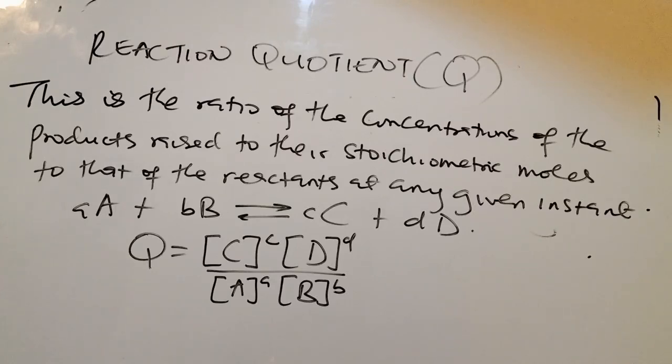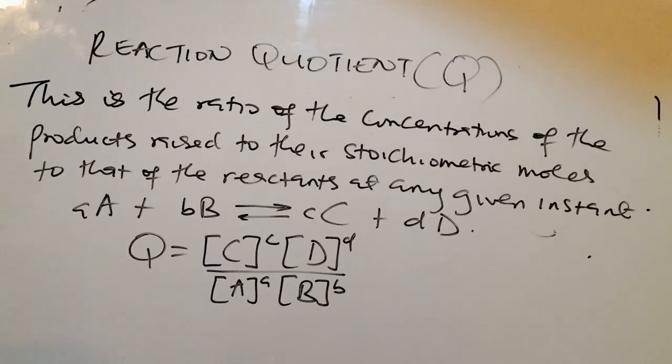Look at the example: small a capital A plus small b capital B giving small c capital C plus small d capital D, where the capital letters are the reactants and products, and the small letters are the number of moles. The expression for Q consists of C raised to the number of moles of C, multiplied by D raised to the number of moles of D, all over A raised to small a and B raised to small b. This looks more like the equilibrium constant expression K, but what is the difference?